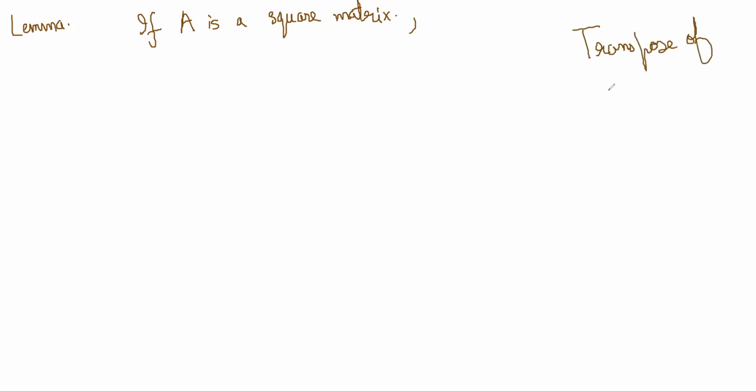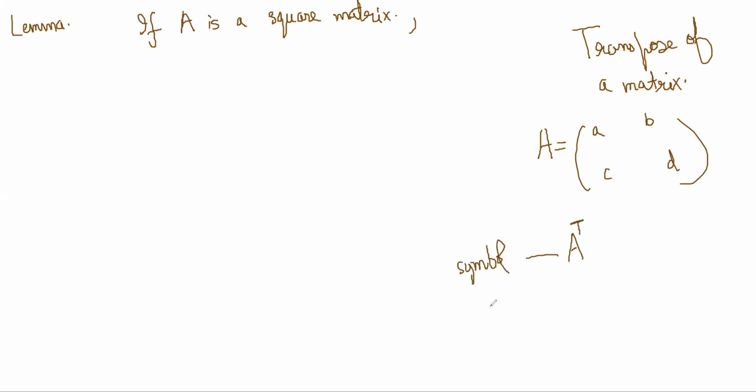What is a transpose of a matrix? So if A is a matrix like this, A, B, C, D, right? A transpose is written like this. This is the symbol for transpose. A transpose will be A, C, B, D.